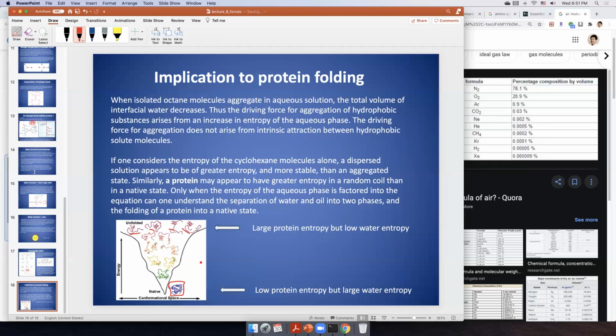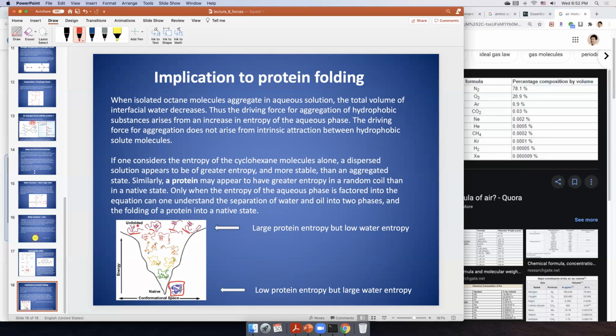In the native structure of the protein, it doesn't have so many different conformations. Usually it has only one conformation, which is the lowest energy state of the protein, or the native structure of the protein. And during this folding process, all of the forces are functioning.